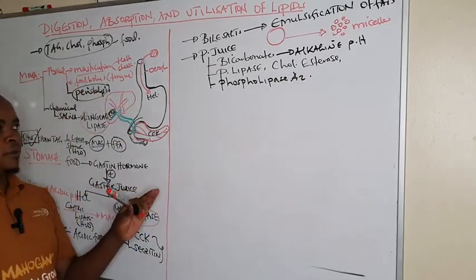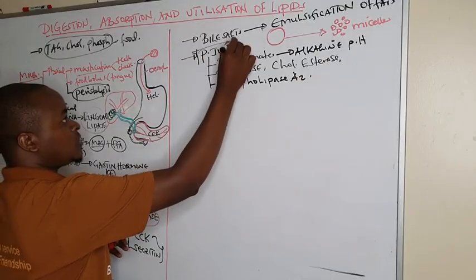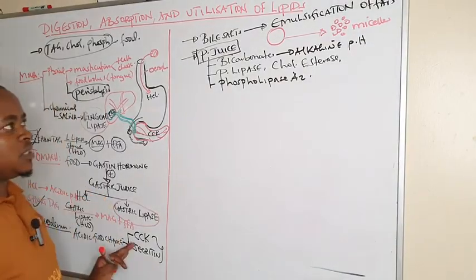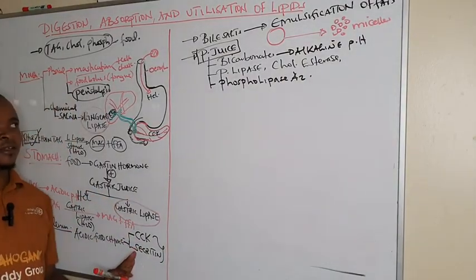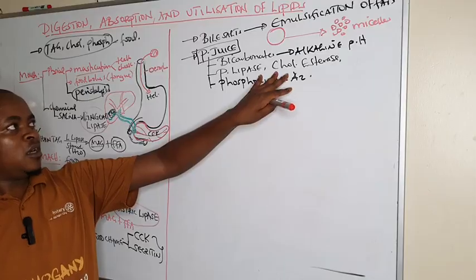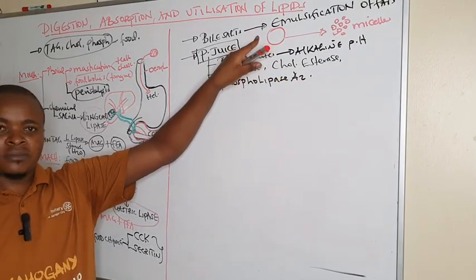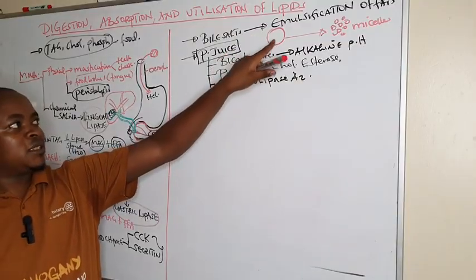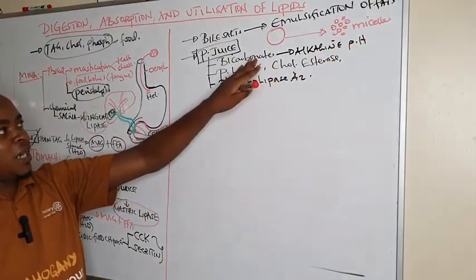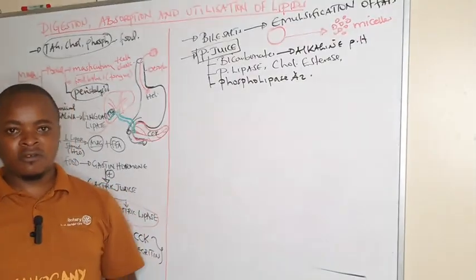So these are the hydrolytic enzymes found in the pancreatic juice, which is produced by the acinar cells, triggered by secretin and cholecystokinin. And these enzymes are assisted by the bicarbonates and bile salts, where the bile salts break down big fat globules into smaller droplets, whereas the bicarbonate provides the alkaline pH for the action of these enzymes.